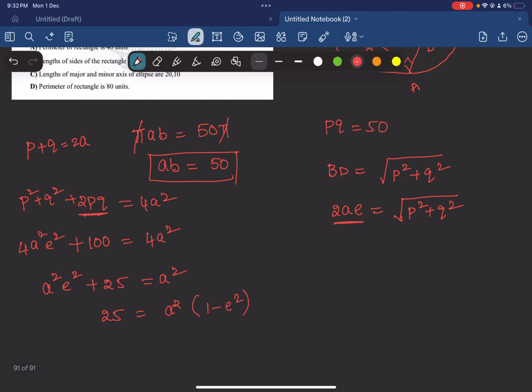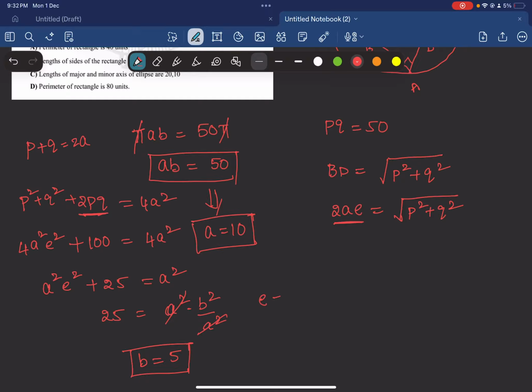So this is an ellipse, so 1 minus e square is b square upon a square. This and this will get cancelled. So your b is equal to 5, and from this you get a is equal to 10.